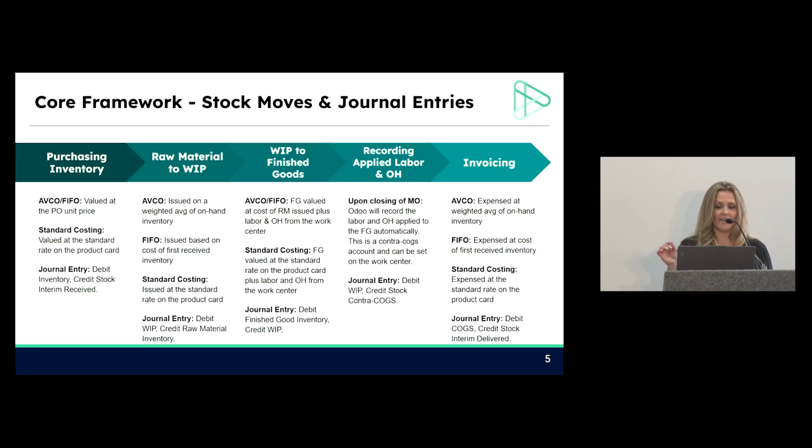And then when you close the manufacturing order, we have to record the applied labor and overhead, which is going to be a debit to our WIP account and a credit to that contra COGS account.